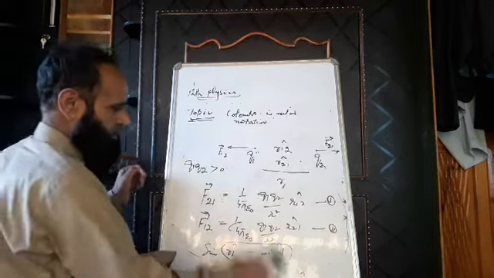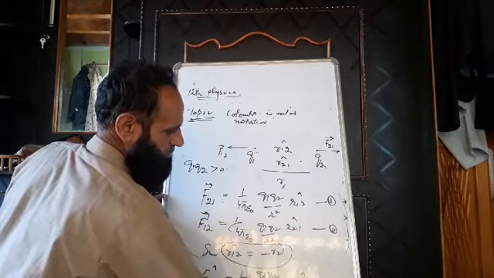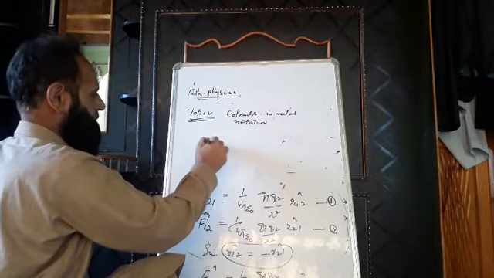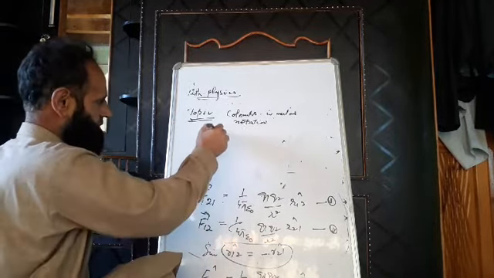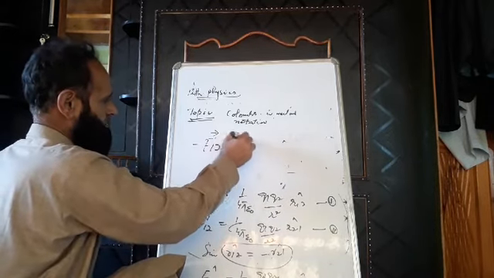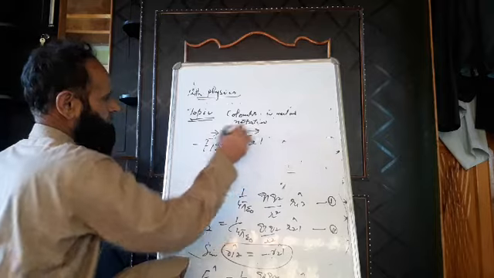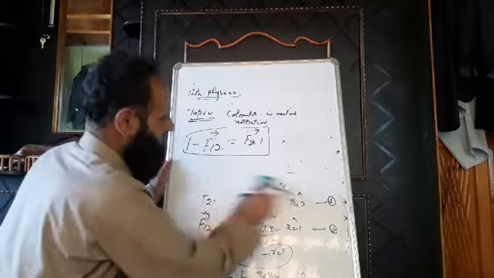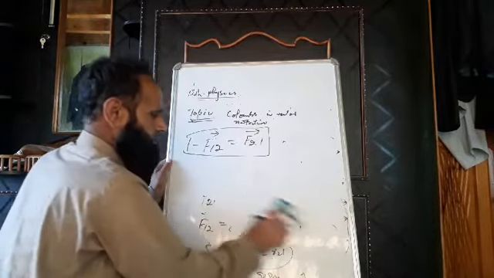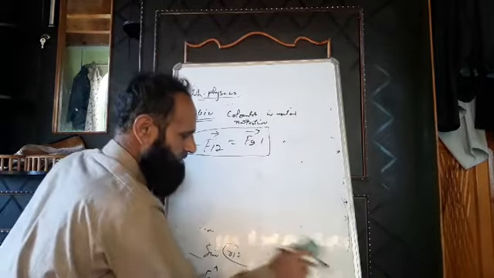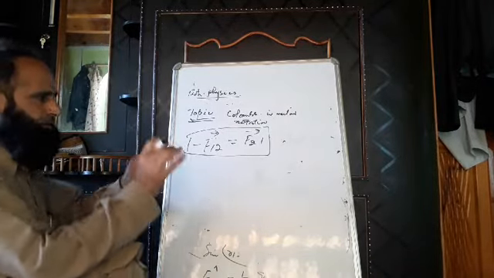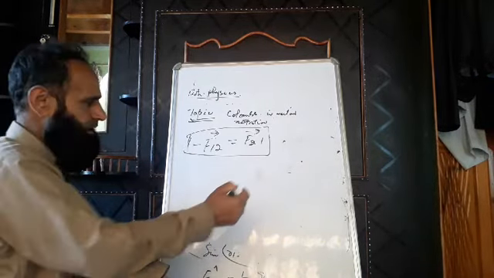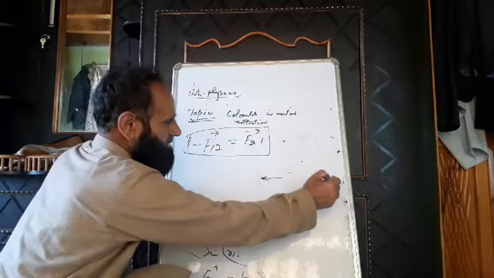From these, which we can name third and fourth, we get F12 is equal to minus F21. So we can see the magnitudes of these forces are equal, but their directions are opposite.